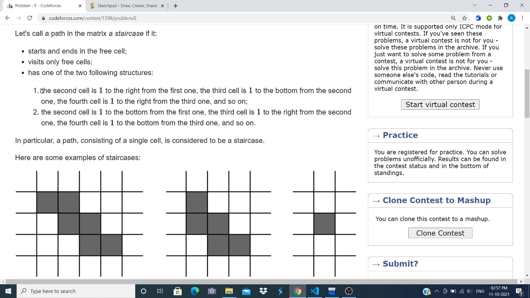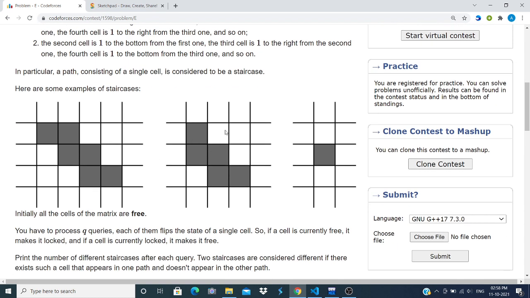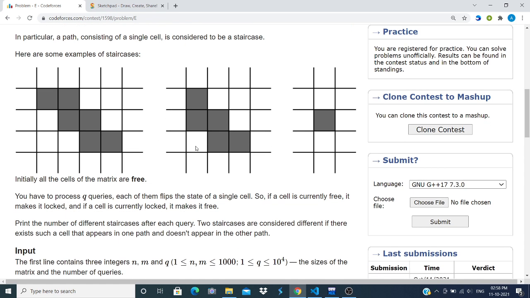Or it might follow this pattern, in which the second cell is one to the bottom, then the third cell is one to the right, and it keeps alternating: first go down, then go right, go down, go right. Here we first go right, then down, again right, down. One thing to be noticed here is that a single cell can also be called a staircase.